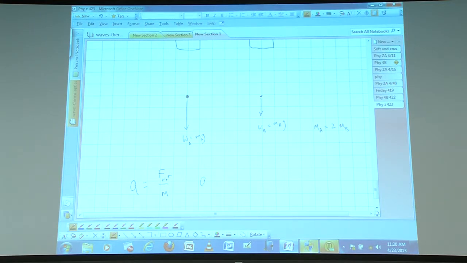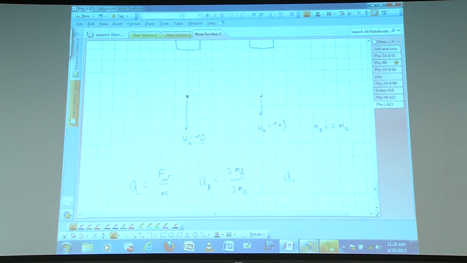So the acceleration of object A is twice as much. It's 2 mg. I'm substituting in to get them both the same. Is twice as much force, and the mass is twice the mass of B, right?